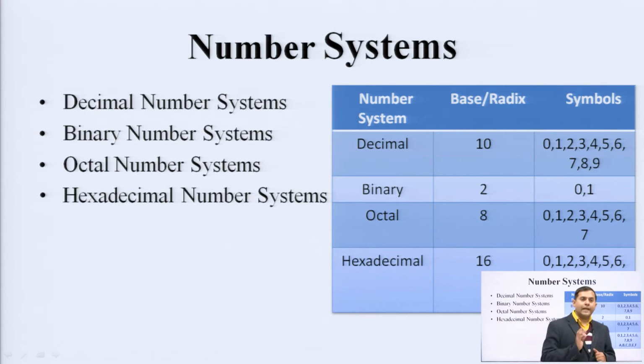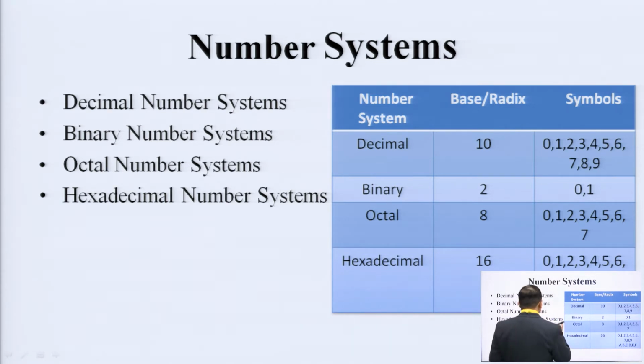From childhood we all know that there are 10 numbers, right: 0, 1, 2, 3, 4, 5, 6, 7, 8, 9, total 10. This is nothing but the decimal number system.